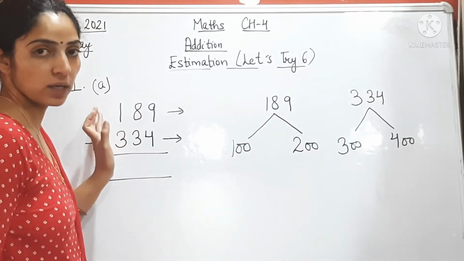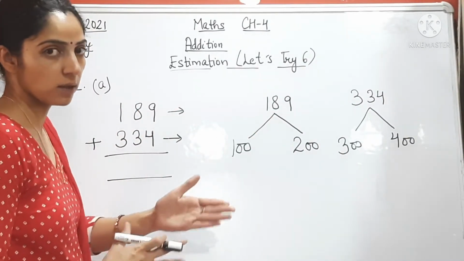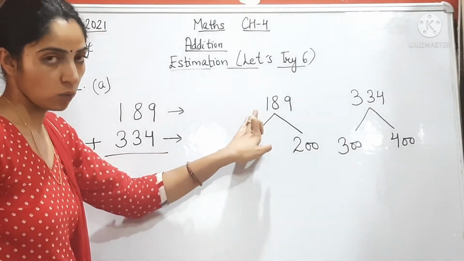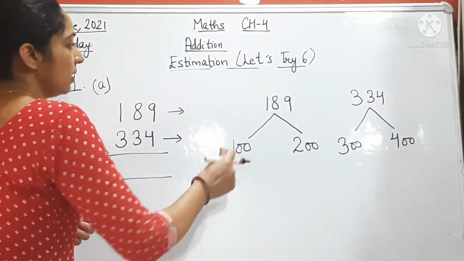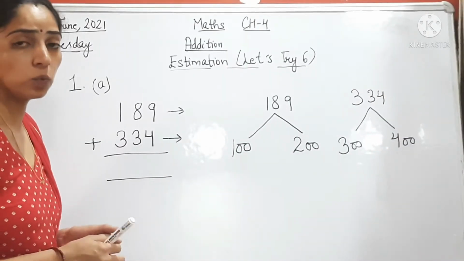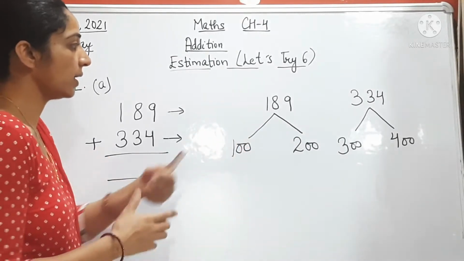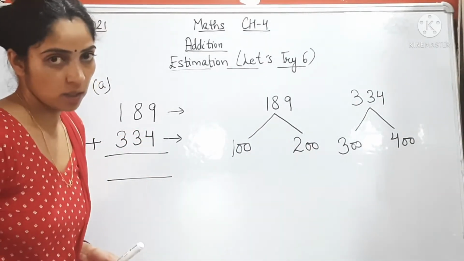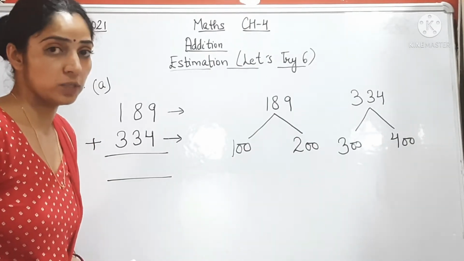First addend is 189. Between which two hundreds does 189 come? Yes, between 100 and 200.